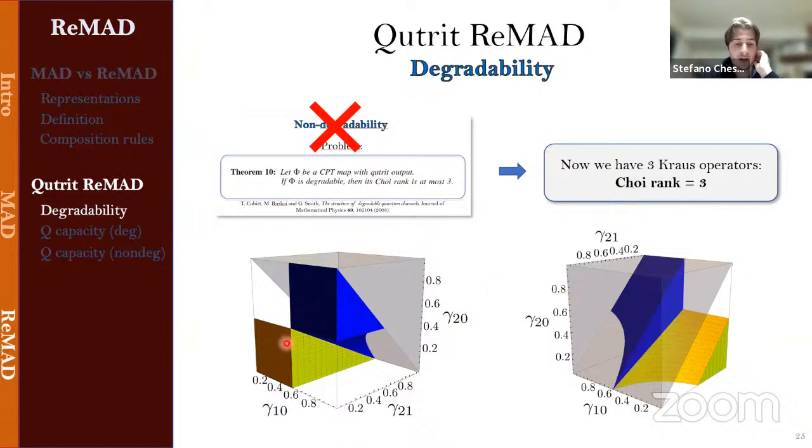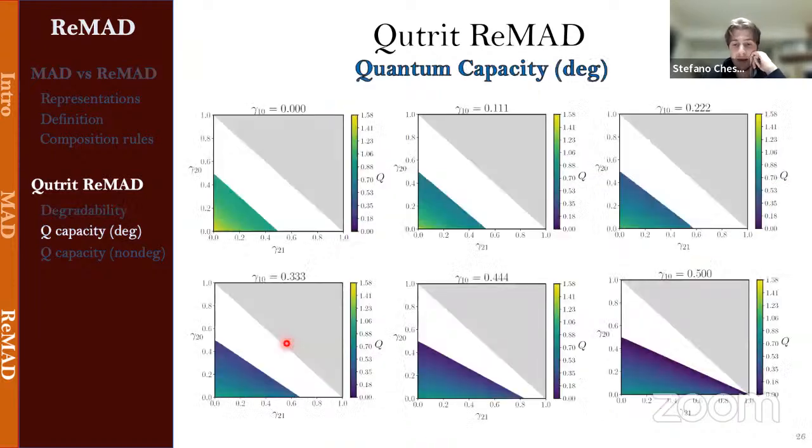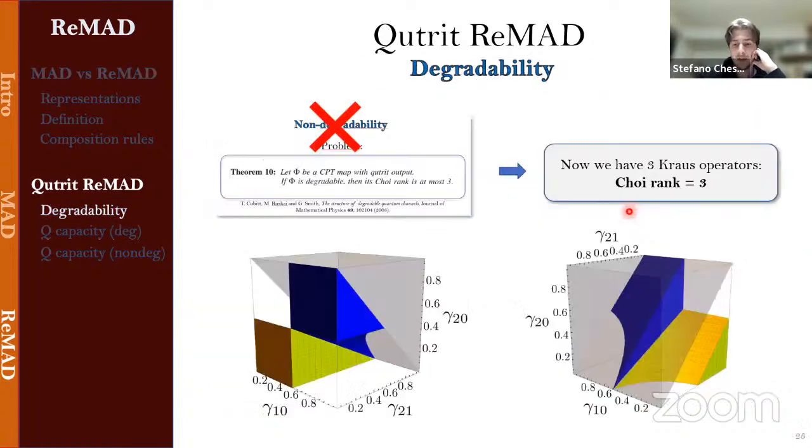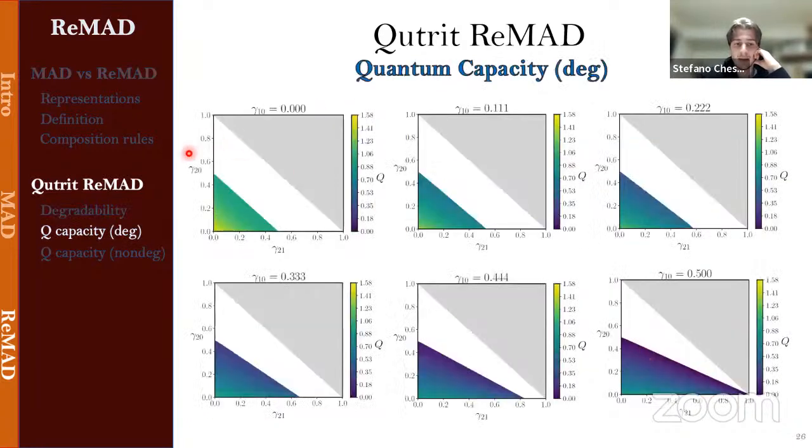In these regions, we can exploit the fact that the coherent information can be expressed with a single letter formula and compute exactly the quantum capacity. Here you can see slices of this degradable region, depending on the parameters gamma 2,0, gamma 2,1, and gamma 1,0 for different values of gamma 1,0, and the exact evaluation of the quantum capacity.